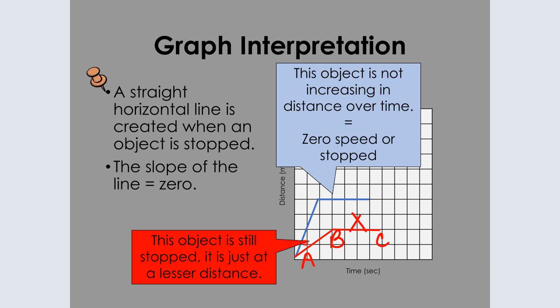The blue line is going to be higher speed, but it still stops up here. So the slope is 0, and remember, when we look at the slope, we look at the rise over the run. Here there is no rise. There is no up and down component. So we say it stopped.